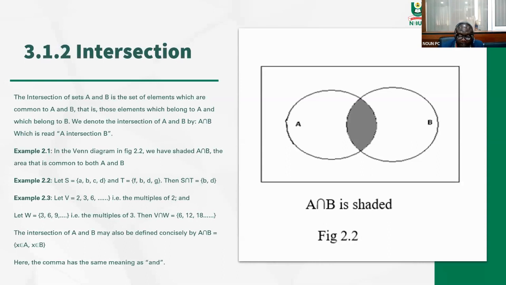X such that X element in A and X element of B. Then you can close the curly bracket now. Please correct that, it's a typographical error.